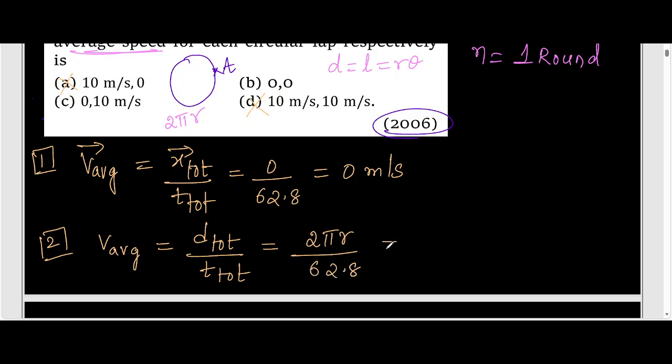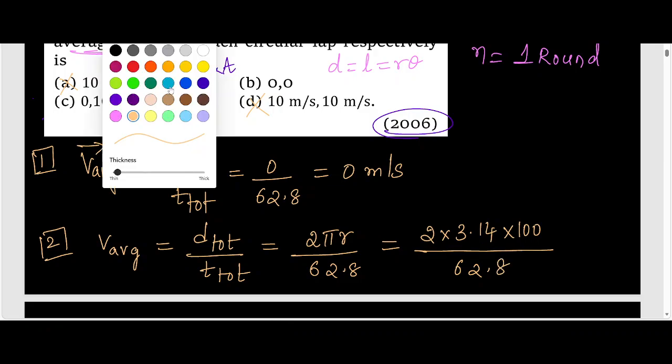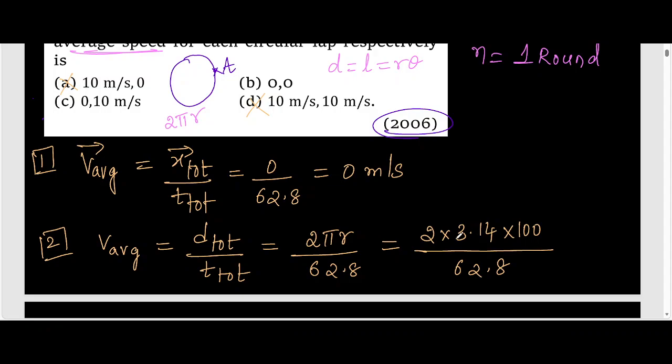Now formula is ready, just substitute the data. 2 into pi is 3.14 and r is 100, divided by 62.8. So how much do we get? So 3.14, 314 double is 628.